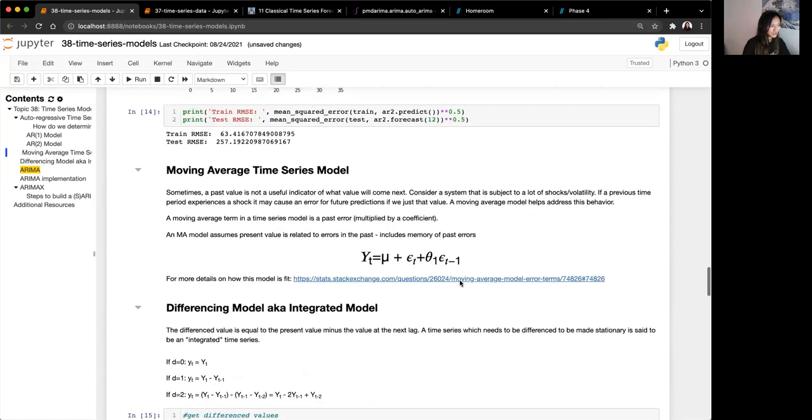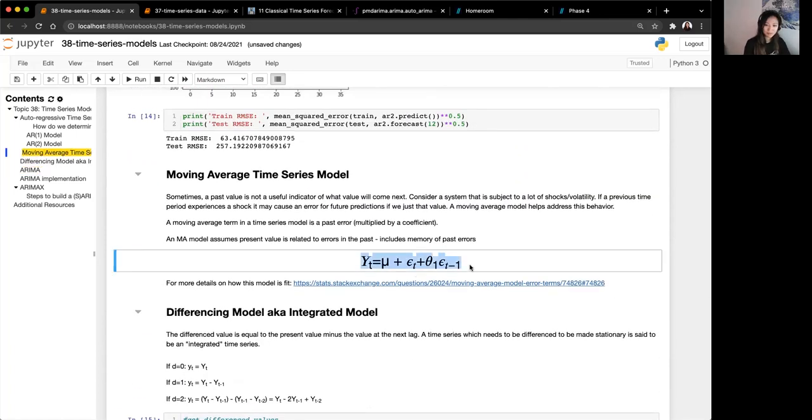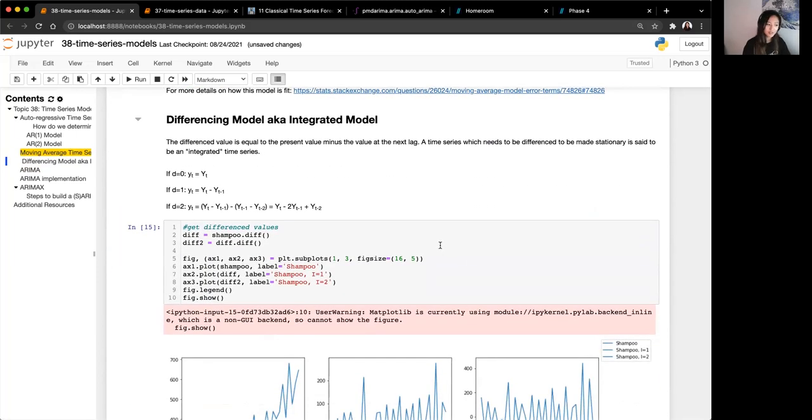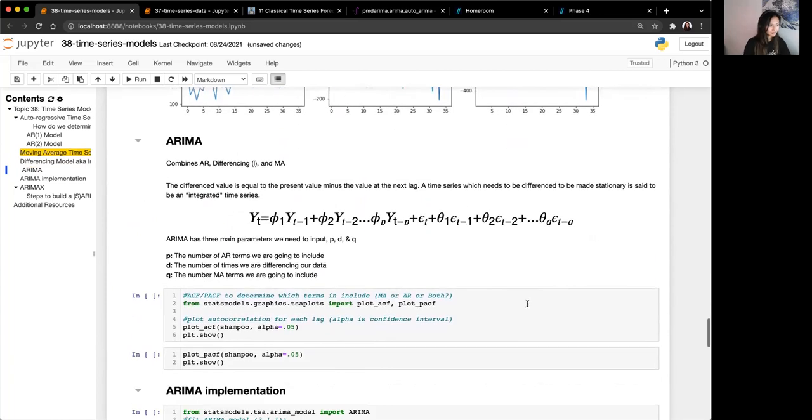So now that we've talked about including past errors, as well as differencing, we can put that all together in an ARIMA model. For an ARIMA model, everything is just additive. So here you can see in an ARIMA model, these are our AR terms, and then these are our MA terms.